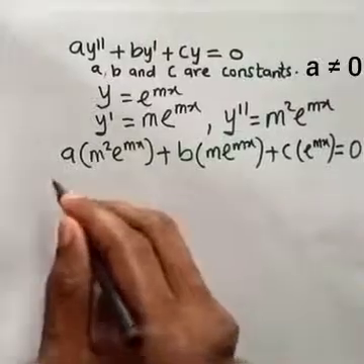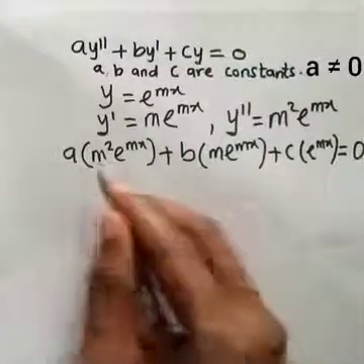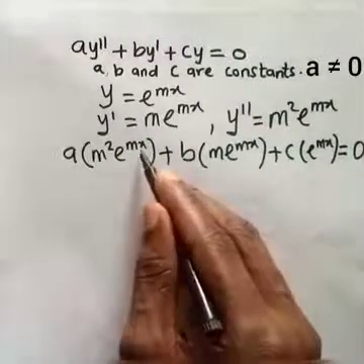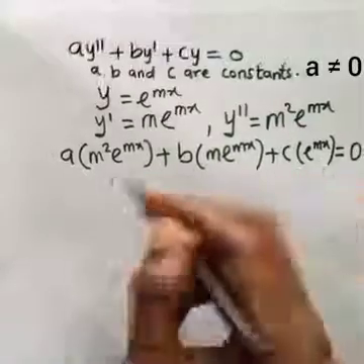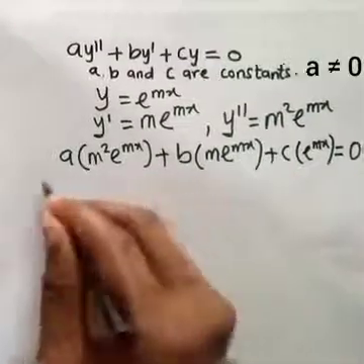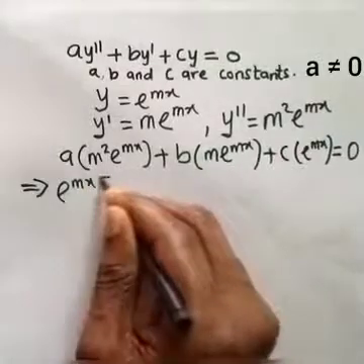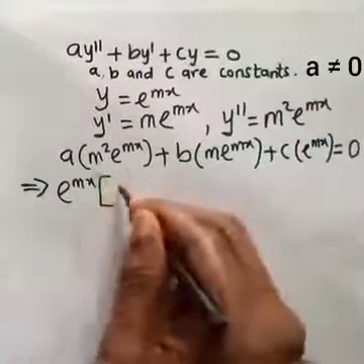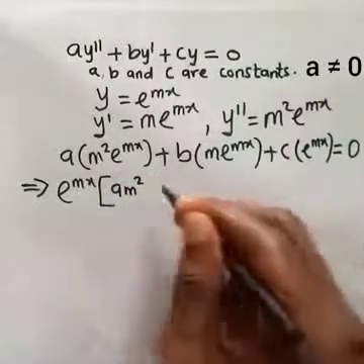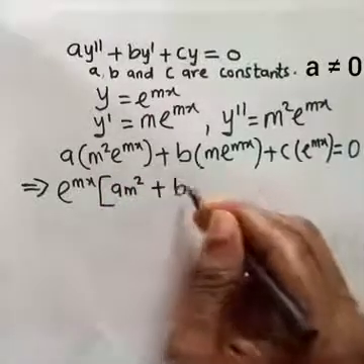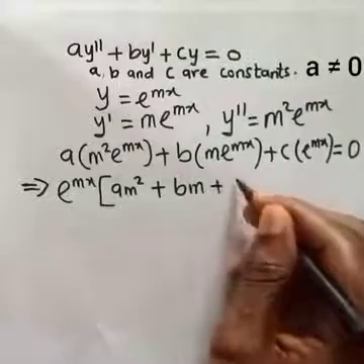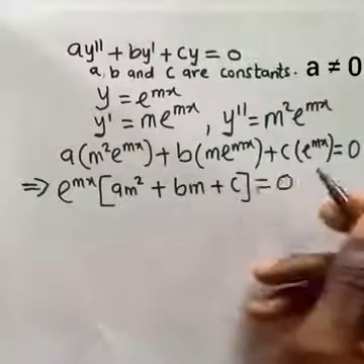If we look at this carefully, you will observe that e^(mx) is common to all three terms, so we can factor it out. This gives e^(mx)(am² + bm + c) = 0.